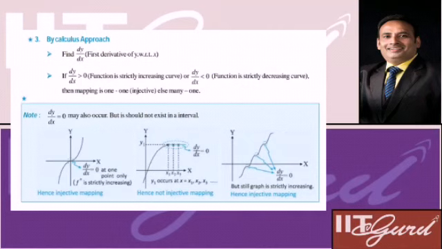This approach is good only for functions that are continuous in nature, especially polynomial functions or some transcendental functions. If the graph is not easily predictable, then we can use this calculus approach. But for a piecewise discontinuous function, or one not defined properly, if the graph is available, then the graphical approach is good.